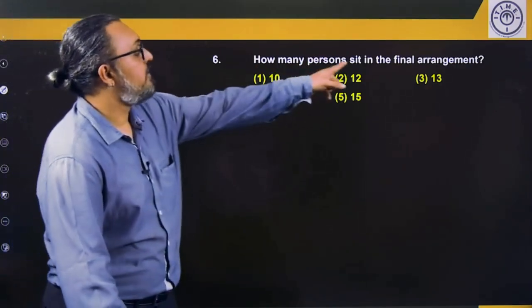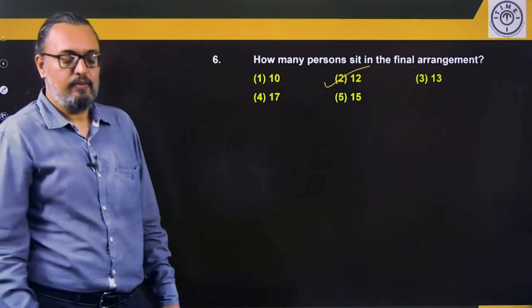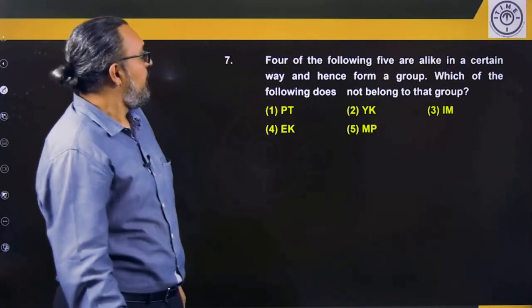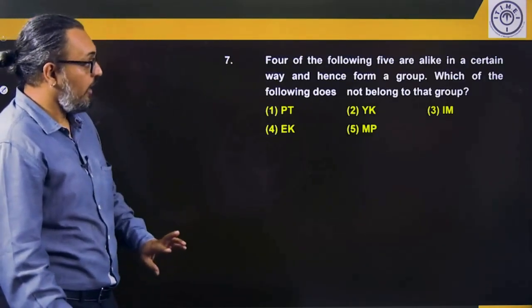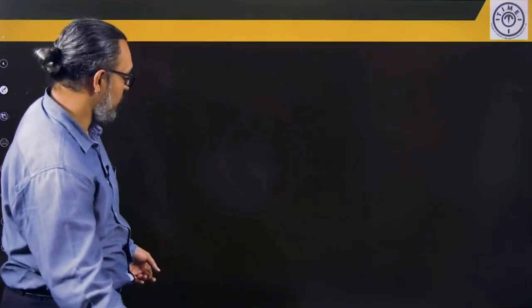Okay, how many persons sit in the final arrangement? We know it is 12. Correct? Then, 4 of the following 5 are alike. Before we take it, let me write out the arrangement. It is easy to check that way.